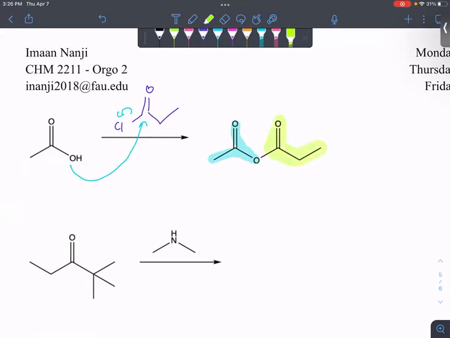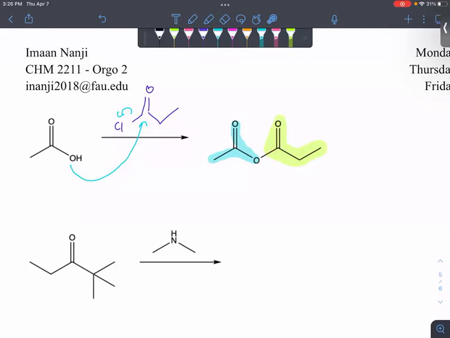We already had our nucleophile as the carboxylic acid because the oxygen is attached here. And we know it's from this side because this is an acetic acid and this is the acyl group. So we know we had to add this side as the other half of the reaction.